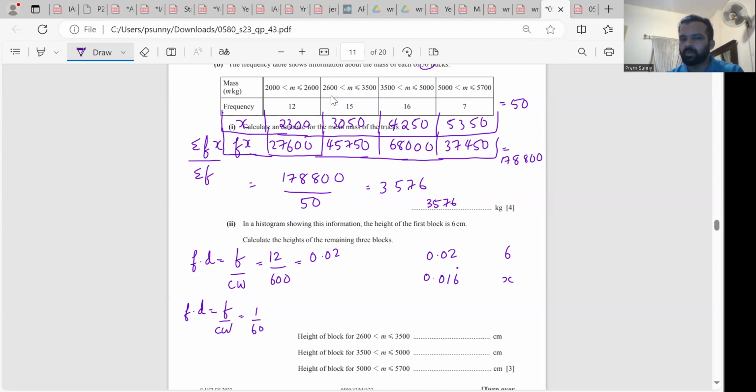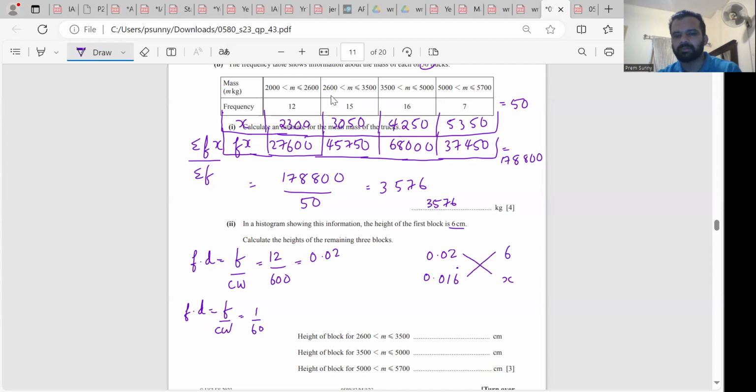When we represent this frequency density in the graph, what will be the length? A frequency density of 0.02 is represented as 6 centimeters in the histogram. For the second block, I got the frequency density as 0.016 recurring using frequency divided by class width.